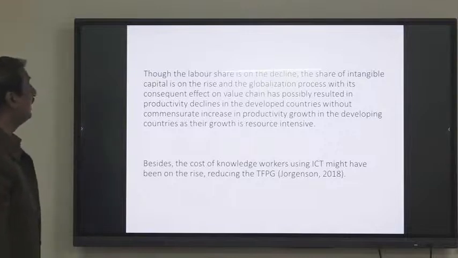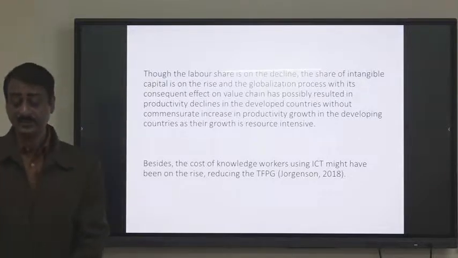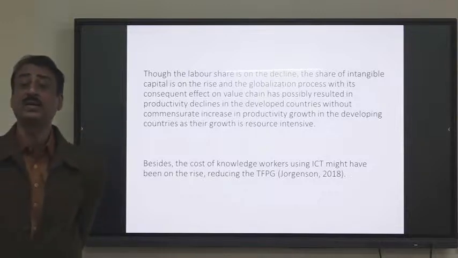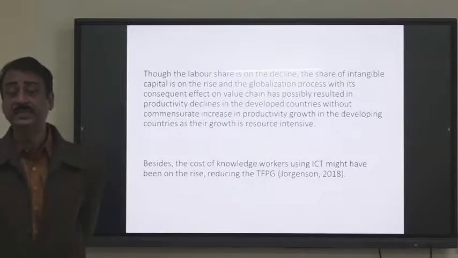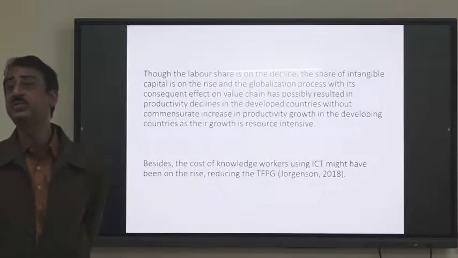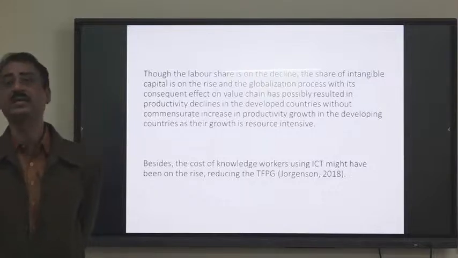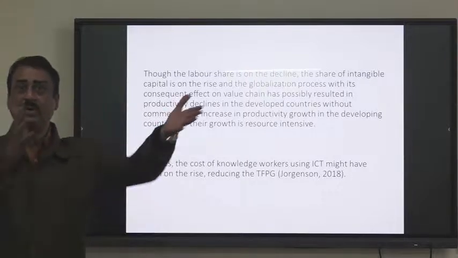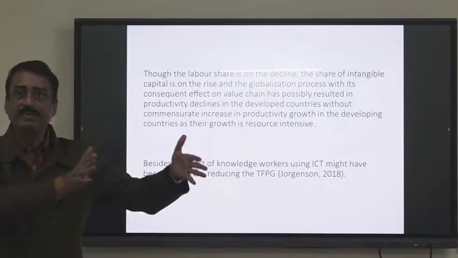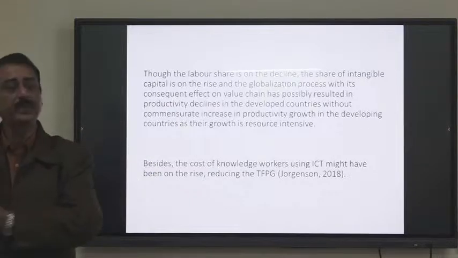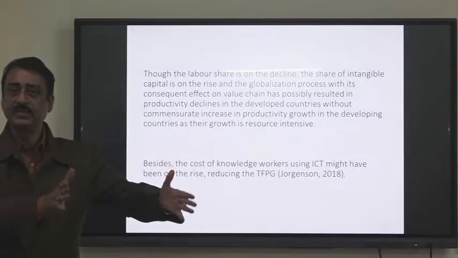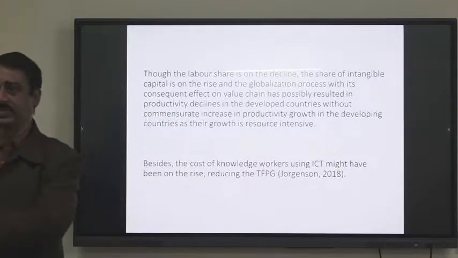Though the labor share is on the decline, the share of intangible capital is on the rise. Another reason why total factor productivity growth is not increasing is intangible capital, which is very, very expensive. Value added is a function of capital and labor. Or output is a function of capital, labor, material, energy.